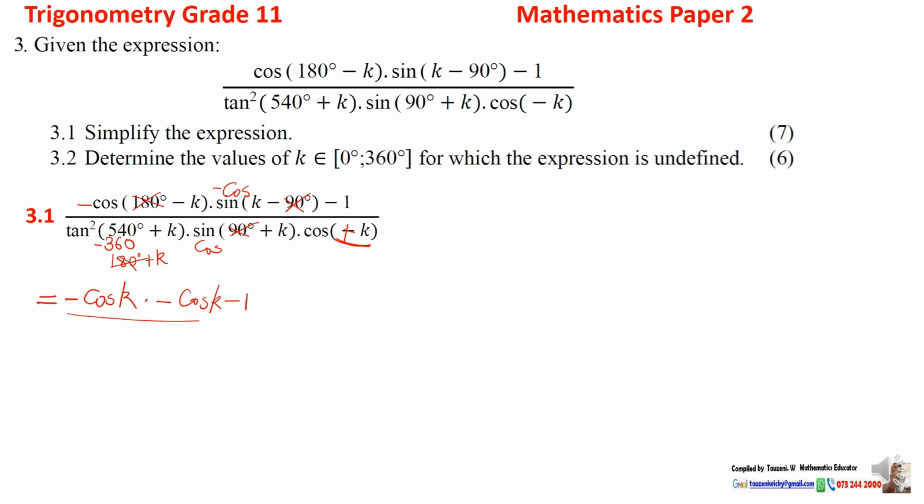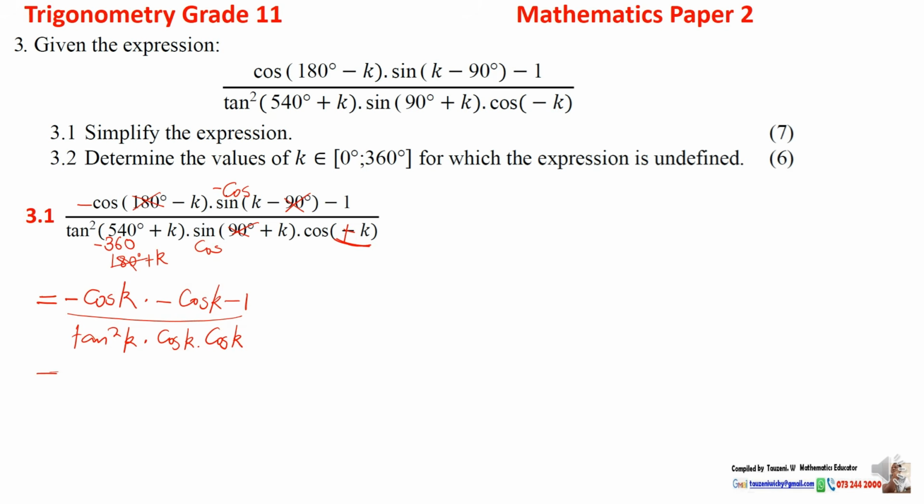At the bottom here, I have tan squared k, that's tan squared k multiplied by the cos of k multiplied by the cos of k.